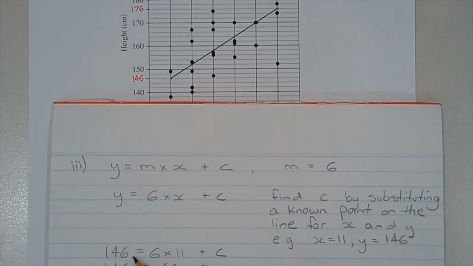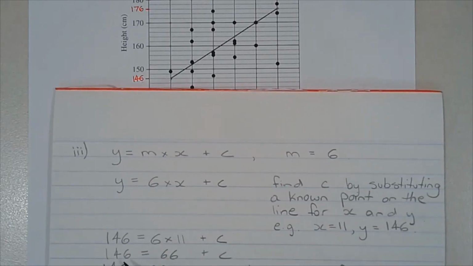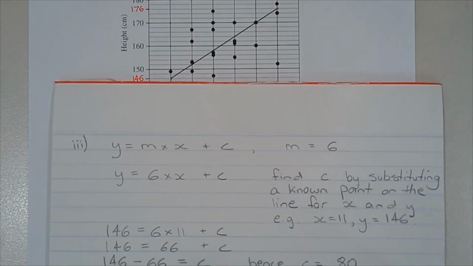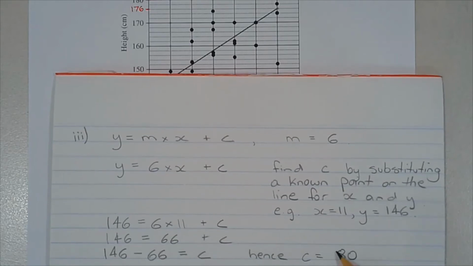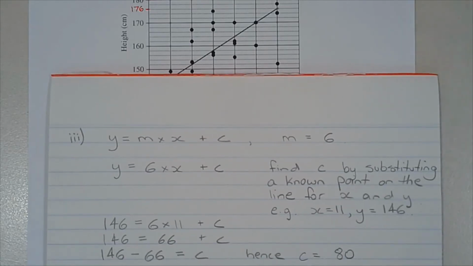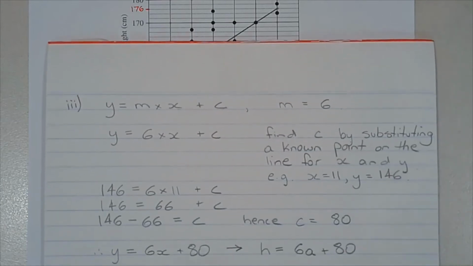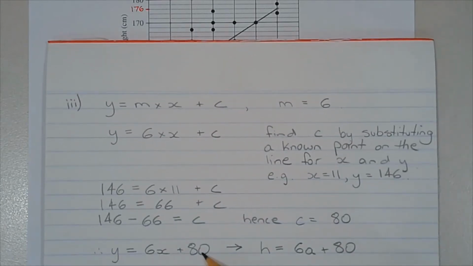We have 146 equals 6 multiplied by 11 plus c. 146 equals 66 plus c, since 6 times 11 equals 66. Then we subtract 66 from both sides, or just move this positive 66 from the right-hand side to the left-hand side. So it becomes 146 minus 66 equals c, and hence c equals 80. So that would correspond to the y-intercept. So therefore, y equals 6x plus 80.